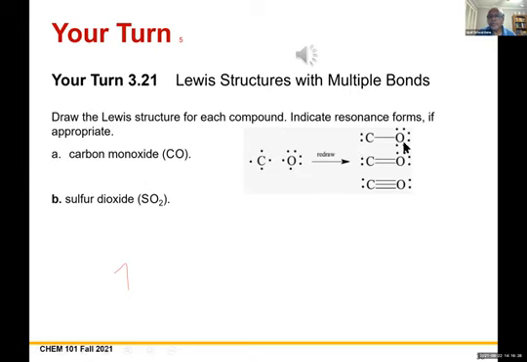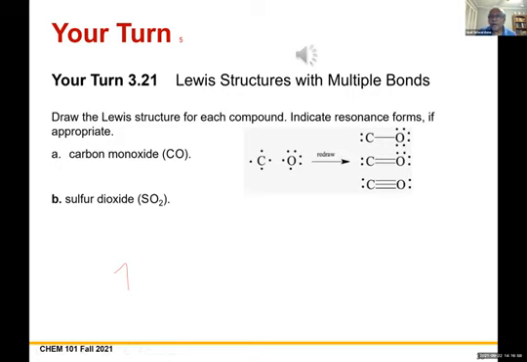So you put the octet into oxygen, and the total number is 6 plus 4, 10. Total number of electrons is 10 also, 1, 2, 3, 4, 5 pairs, 10.